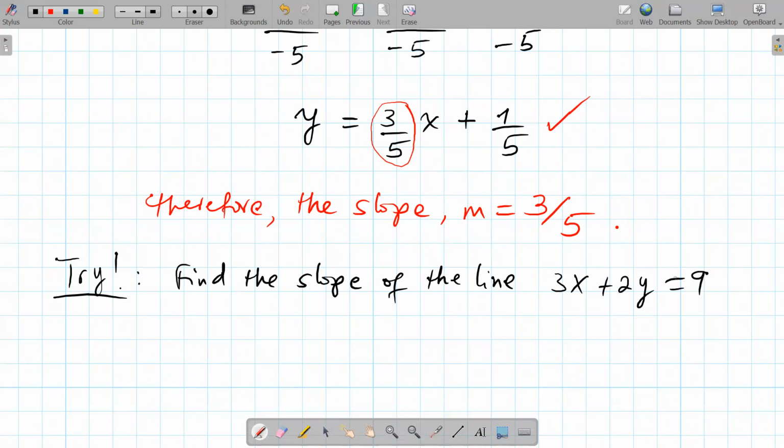You can pause this video and work through it, but the answer, the slope, you should get is -3 over 2. So pause the video and try it with your hands on.